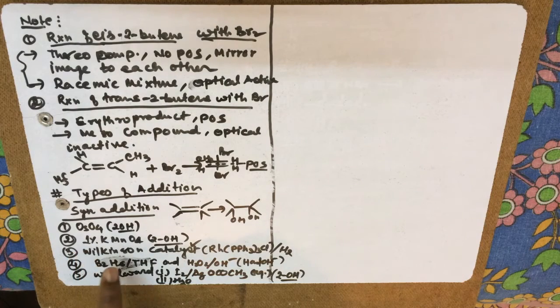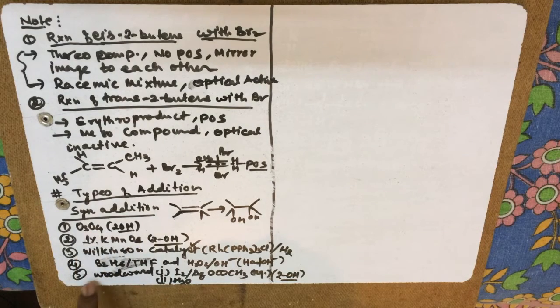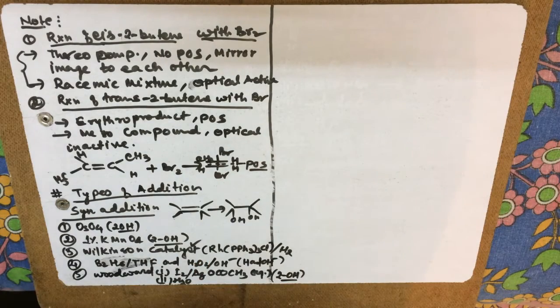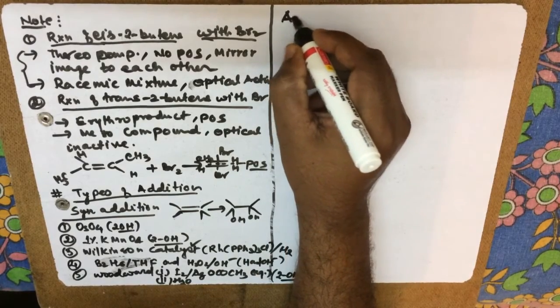So here means if you have this alkene and your reaction condition is this, means you are adding these reagents, so you will get the syn addition. Okay, so now we move to another thing, anti-addition.